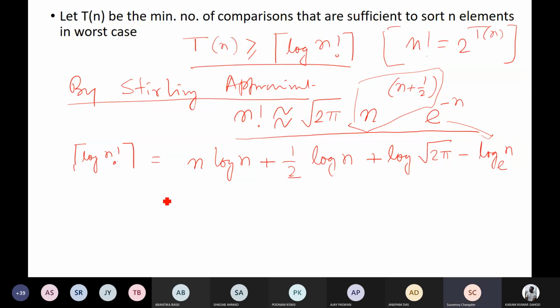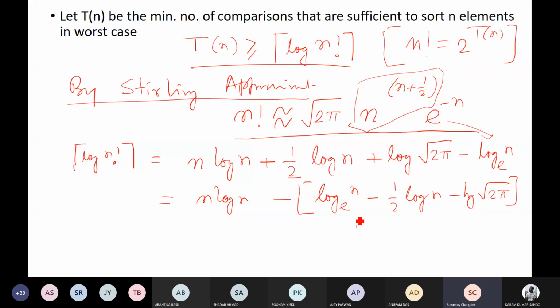And we can write it like this: n log n minus n log base e plus half log n plus log of root 2 pi. So for a large value of n, we can say that this is a positive value.